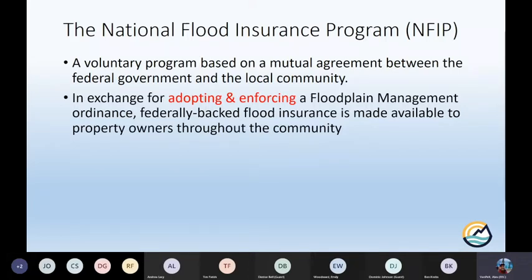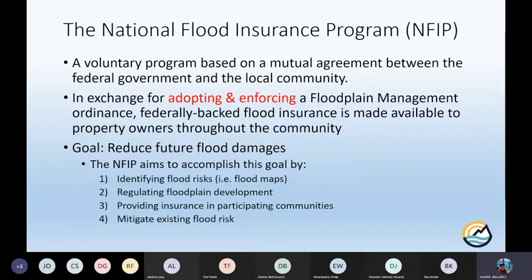Your ordinance should meet all federal, state, and local requirements as far as floodplain management. When you enrolled, FEMA made federally backed flood insurance available to anybody in your community, regardless of if they are in a flood zone or not. So federally backed insurance is available for everyone.